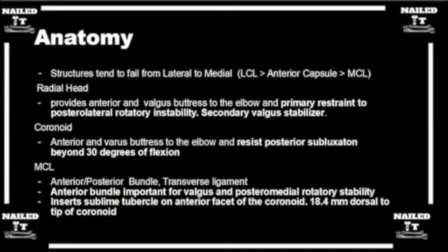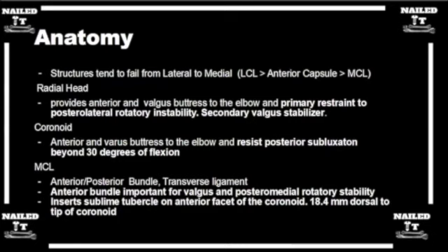Thinking back to some of the questions I've seen, I think it's important to recognize that the LCL, like we said, originates on the lateral epicondyle and inserts on the supinator crest. It's important to remember that the MCL inserts on the sublime tubercle, and they sometimes harp on the distance from the tip of the coronoid as well. It's about 18.4 millimeters dorsal to the tip of the coronoid, depending on what resource you read, maybe a tad different, but somewhere in there.